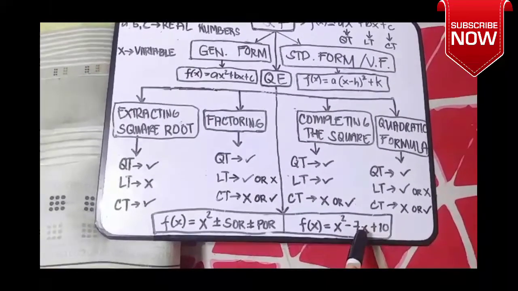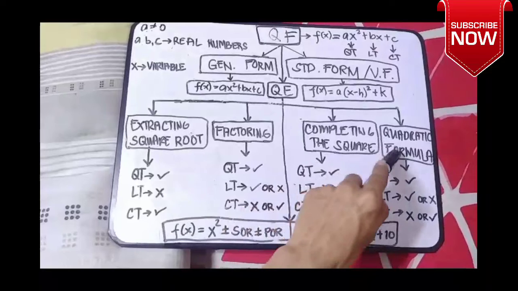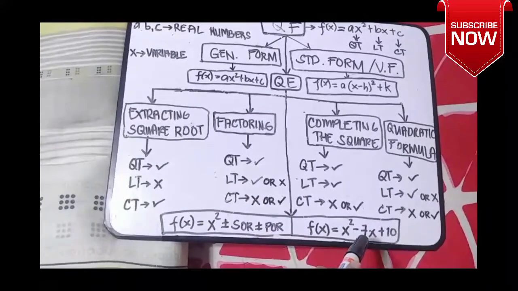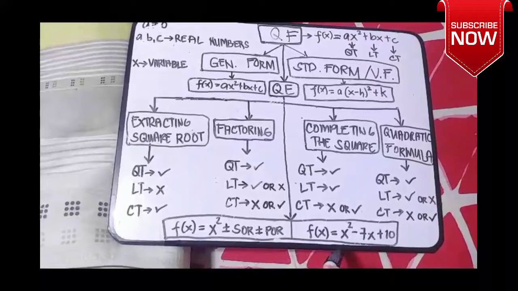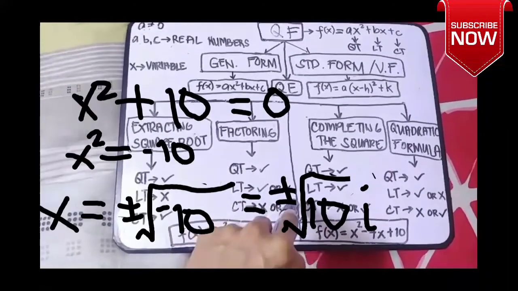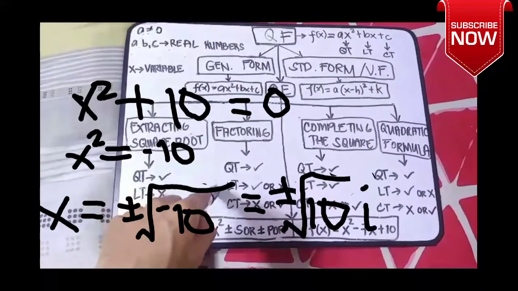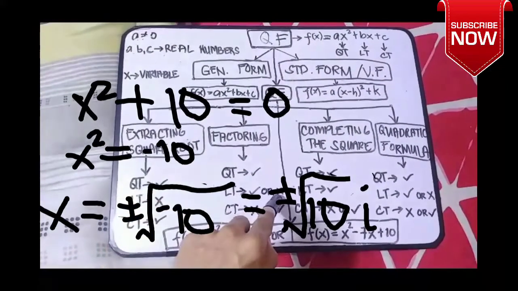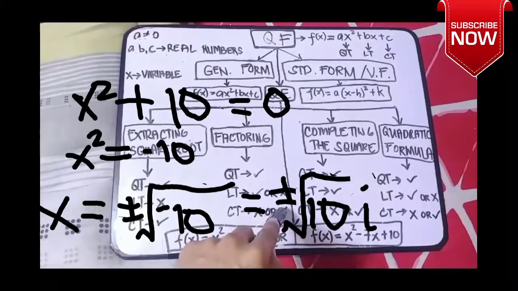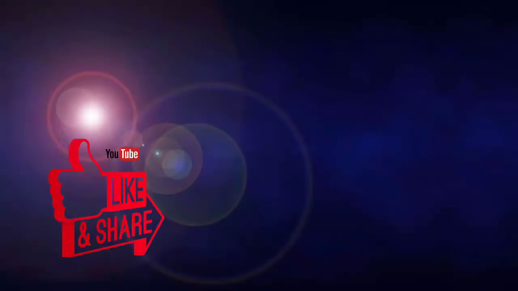Pag ginamitan natin ito ng factoring, ng completing the square and quadratic formula, in this equation, magkakaroon ng imaginary ang value ng x. Kaya going back to my previous explanation, once na ang linear term ay missing at ang constant term ay present, automatic nang gagamitin na natin ay extracting square root.